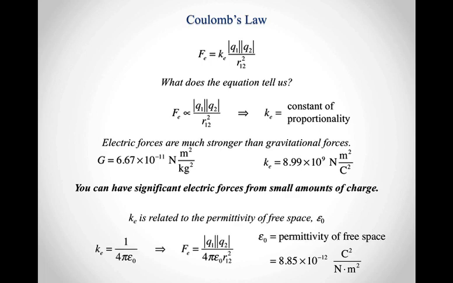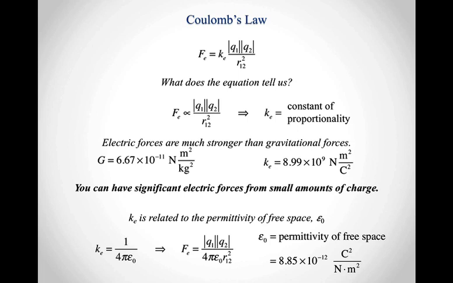Now, the other thing we'll highlight here is that Coulomb's constant is actually related to what we tend to think of as a more fundamental constant that shows up in a lot of these problems with electricity. So epsilon naught is known as the permittivity of free space. And again, Coulomb's constant is equal to 1 over 4 pi times epsilon naught.